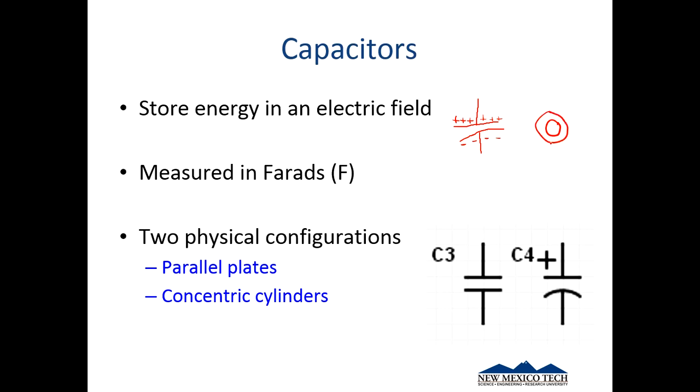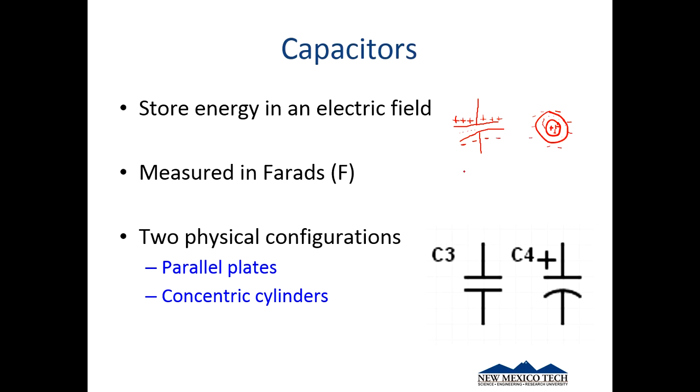That is like textbook definition. And maybe the positive charge is built up here and the negative built up here. Anyway, the bottom line is you've got some dielectric in between your two plates or your two cylinders. And we'll talk about that later on in the semester when we talk about filtering.